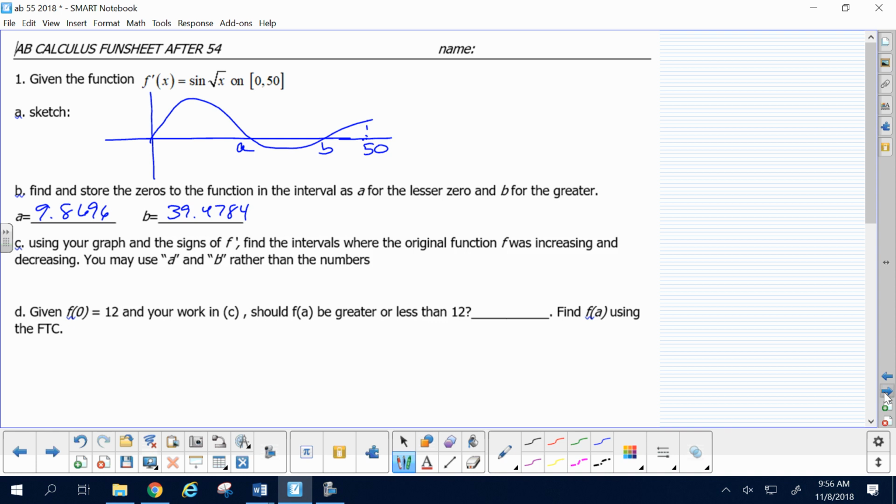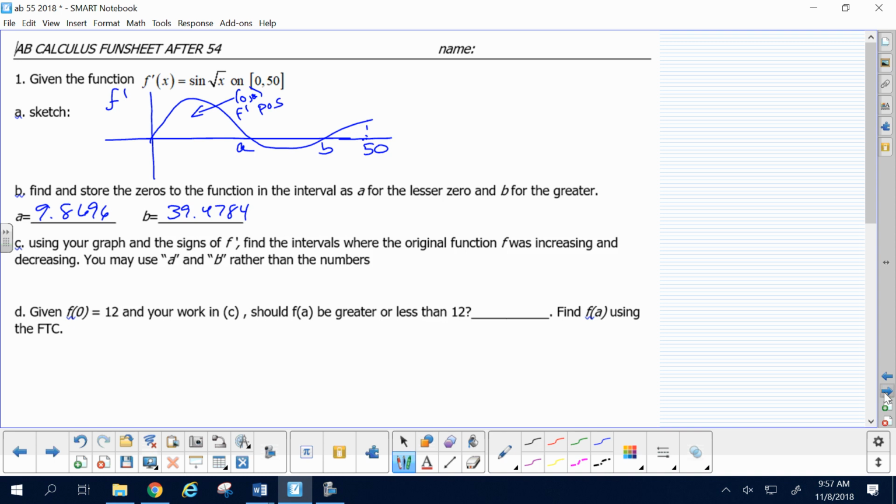All right, using your graph and the signs of F prime, find the intervals. This is F prime's graph. Find the intervals where the original function was increasing and decreasing. So again, remember, I'm not asking where this graph is increasing or decreasing. That's ridiculous. Based on the F prime graph, you're saying what F was doing. In this region, from 0 to A, wouldn't you say that F prime is positive because the F prime graph is above the axis?